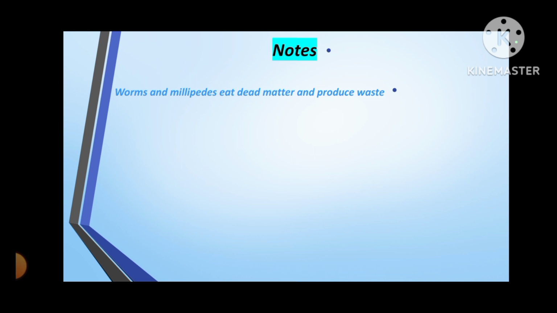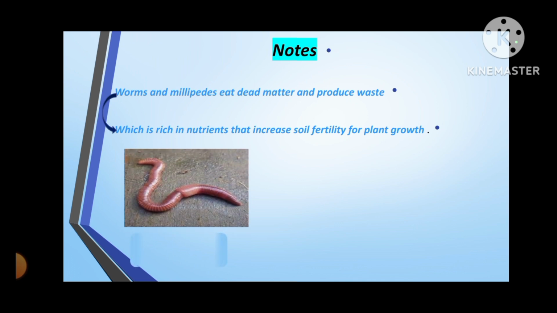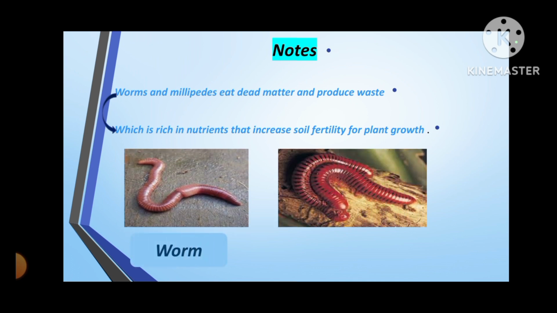Worms and millipedes eat dead matter and produce wastes rich in nutrients, and these wastes go to the soil and increase soil fertility for plant growth, so the soil becomes better for plants. So worms and millipedes are considered decomposers.